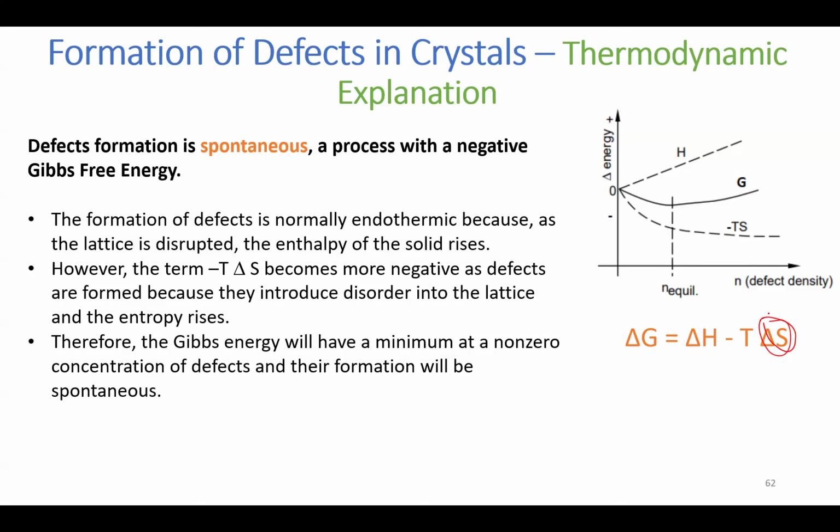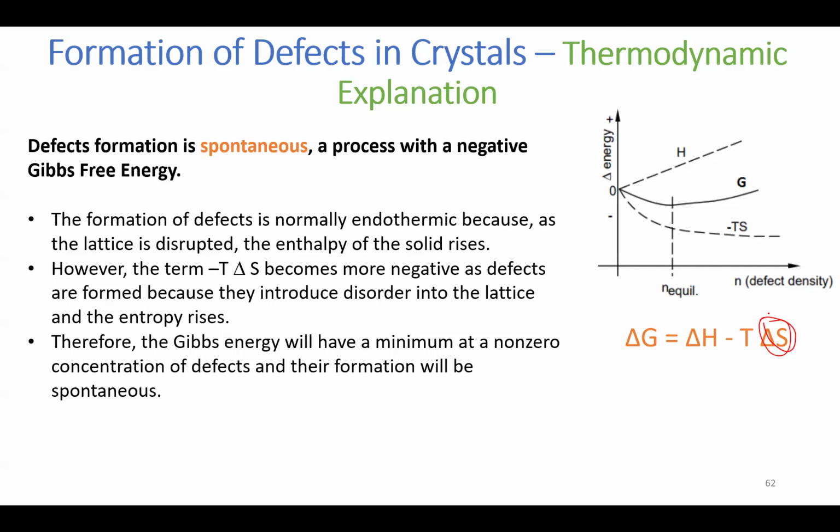Entropy is the degree of disorder or the randomness. So the higher the randomness, the higher the delta S value. If the randomness increases during a process, that process has a positively higher delta S value. Right? Okay. So in defect formation, the crystals are in an ordered pattern.